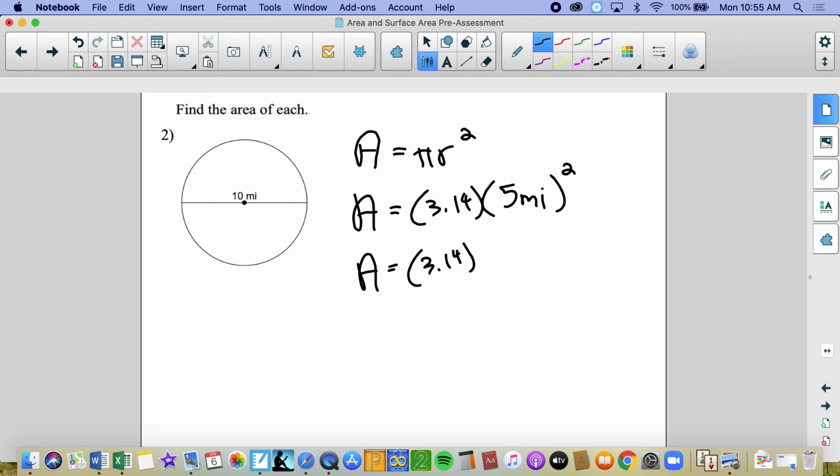So we get 3.14, 5 miles squared gives us 25 square miles. And then we're going to multiply 3.14 times 25 miles squared, which gives us 78.5 miles squared. It's the area for that circle with a diameter of 10 miles.